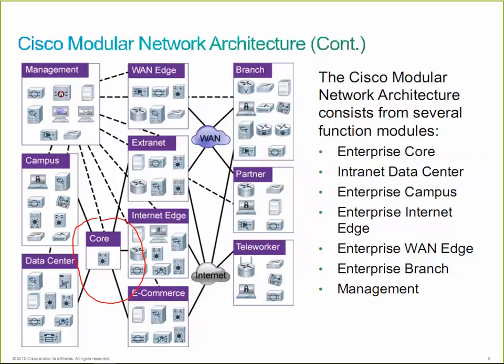Okay? Then we have our intranet data center. All right, where the heck is the intranet data center? We see internet edge, e-commerce. I guess it would be this block here, the data center block, right? What is the objective of this intranet data center block?